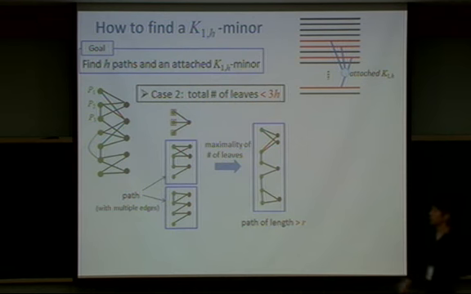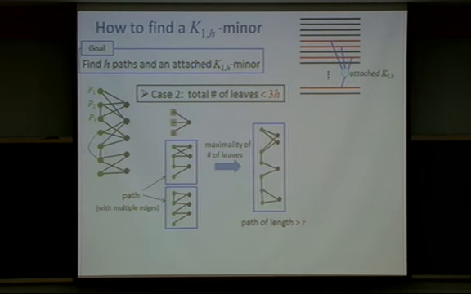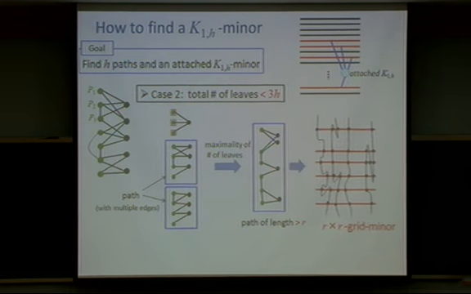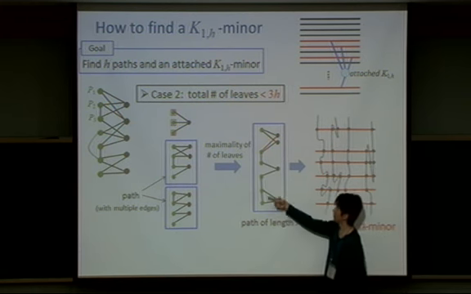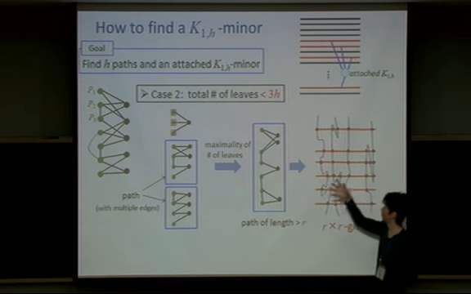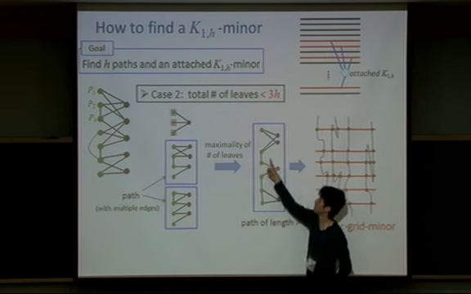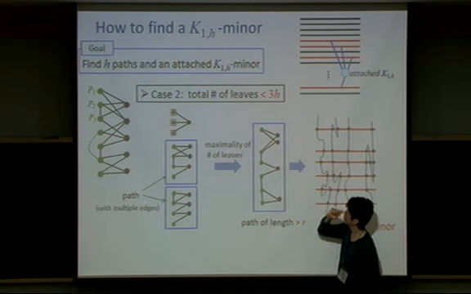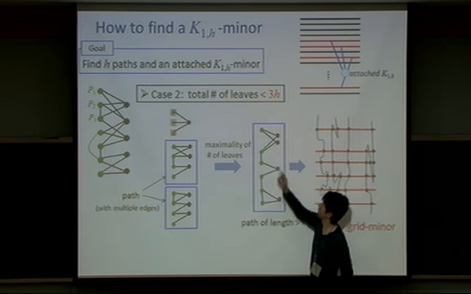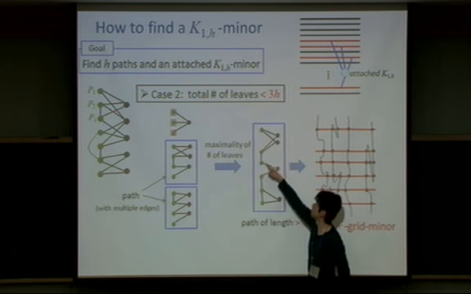And if we have a path of length at least r, then we can find a set of paths like this. This means that these vertices correspond to horizontal paths, and each vertical path must intersect with these paths. But this graph contains only these edges.